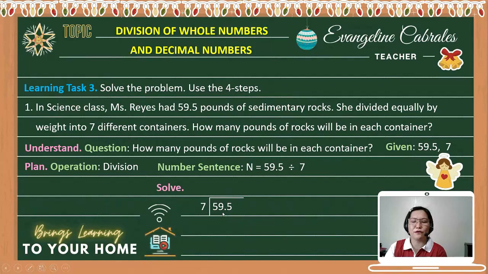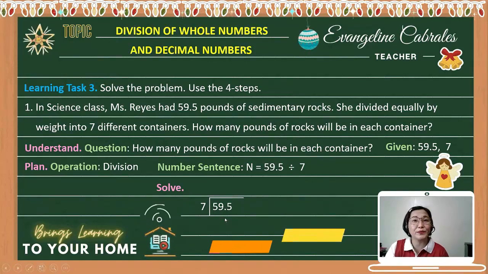So, 59 and 5/10 divided by 7. Anong napansin nyo sa ating divisor? Kasi dun sa mga naunang examples, napaka-importante ng divisor. Tinitingnan kung may decimal point kasi ang decimal point ang guide ng pag-uusod to the rightmost. But in this case, kung napansin nyo, walang decimal or walang decimal point sa divisor. So, mag-uusod o hindi?